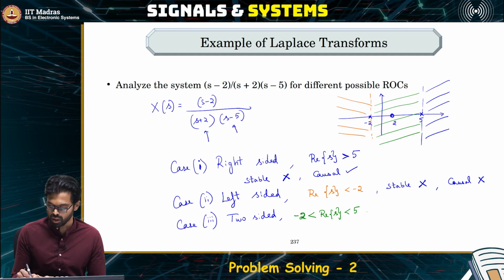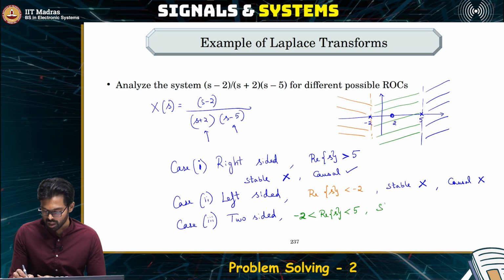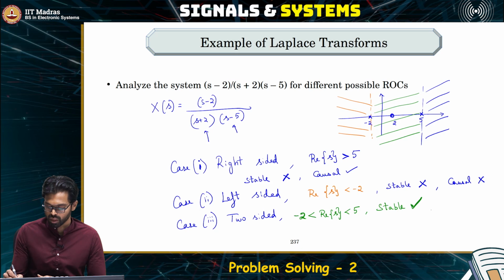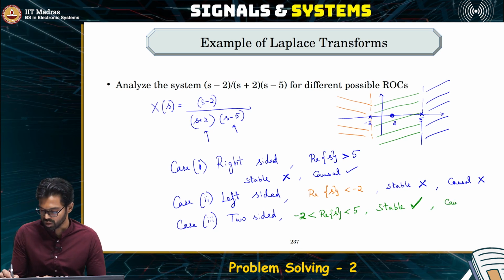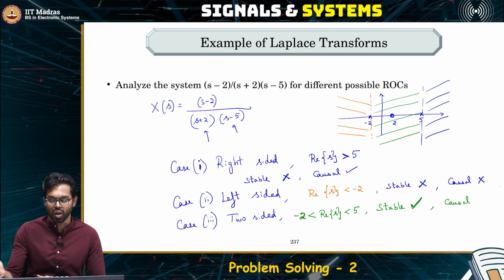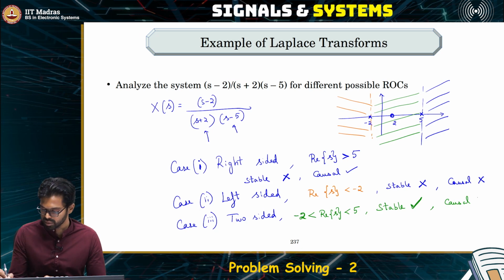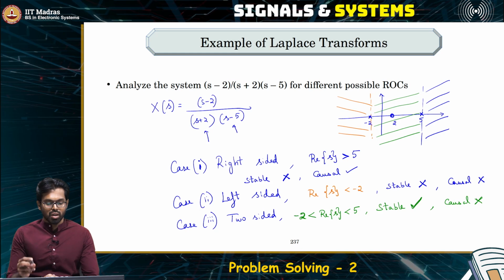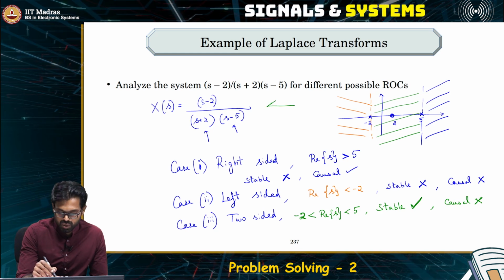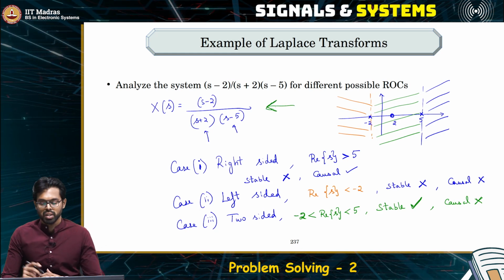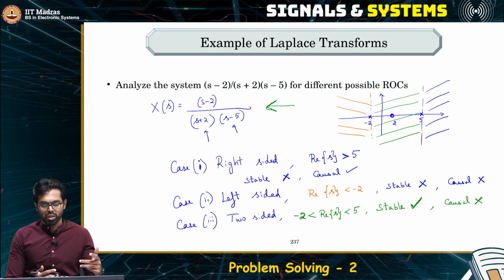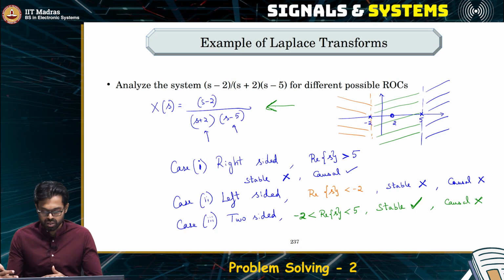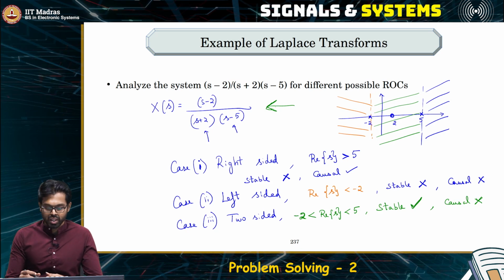Is this stable? Finally we got a stable system. Is this causal? Definitely not, because it is not a right-sided signal. So this is interesting. All we were given was a transfer function, and nothing was mentioned about the ROC. So we could get three different systems from three different ROCs, giving three different configurations.